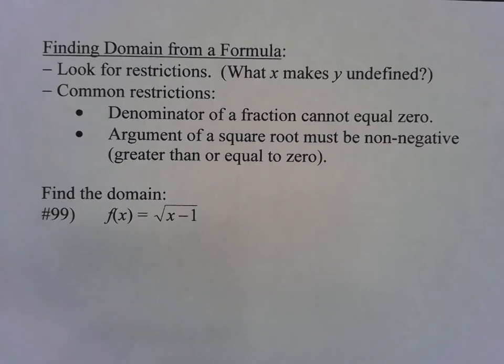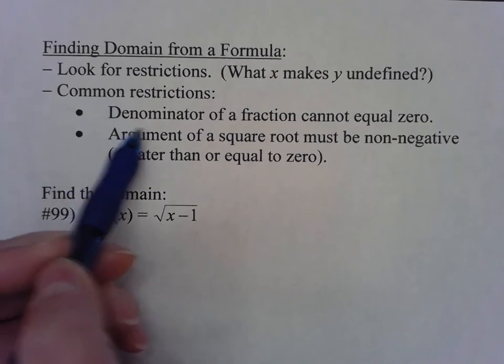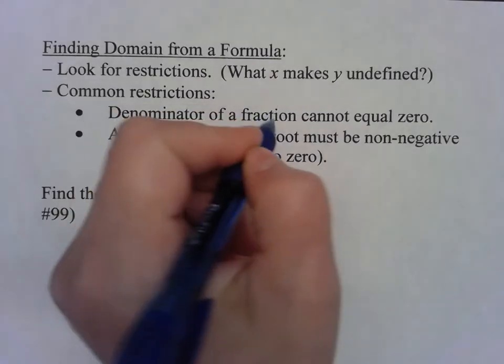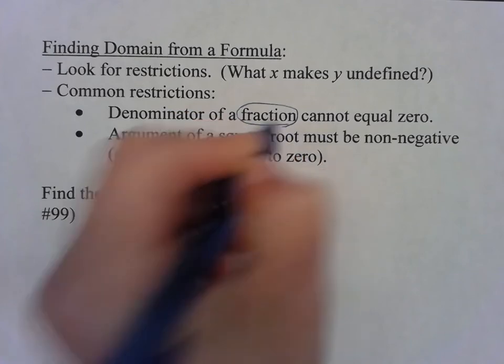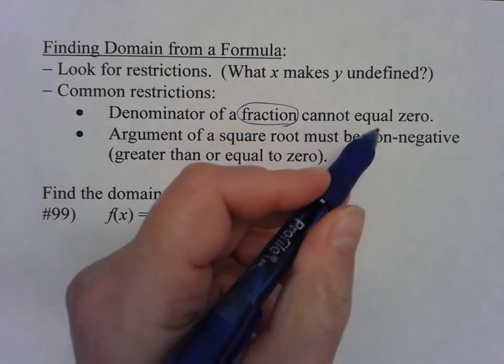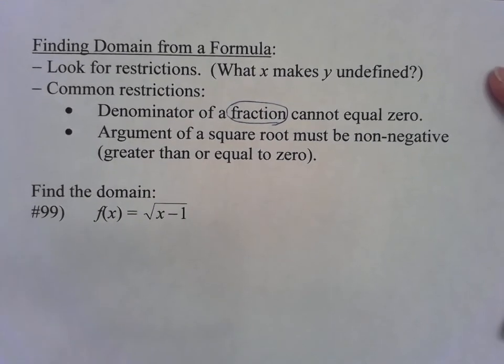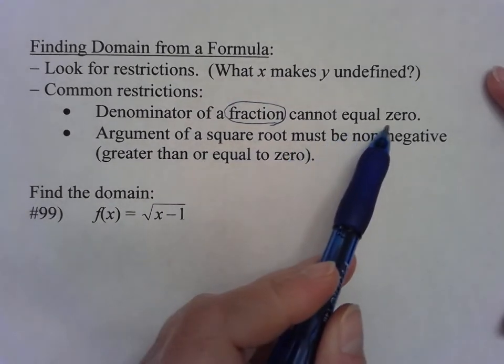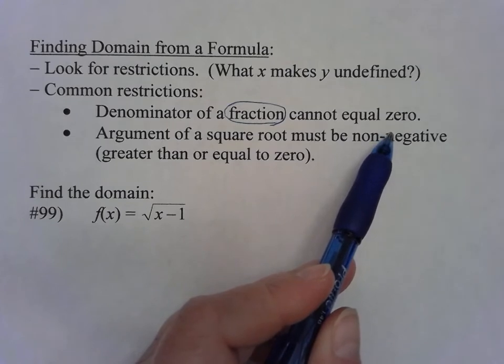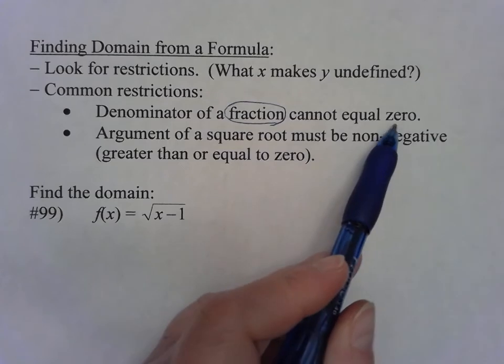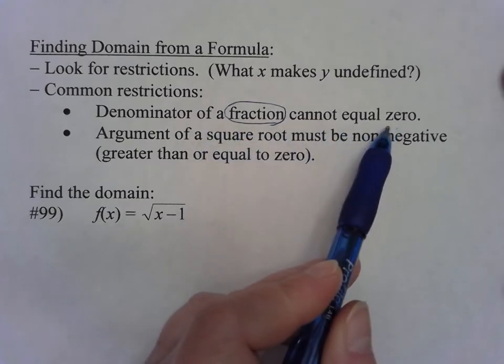So there are two big problem functions, I guess, that have special domains that we're going to start out talking about. The first one is a function that's a fraction. The denominator of a fraction cannot equal 0 because I can't divide by 0. And so that produces an interesting domain. I can't use every number on the number line. There are a few numbers I have to stop using because they are going to create this problem.